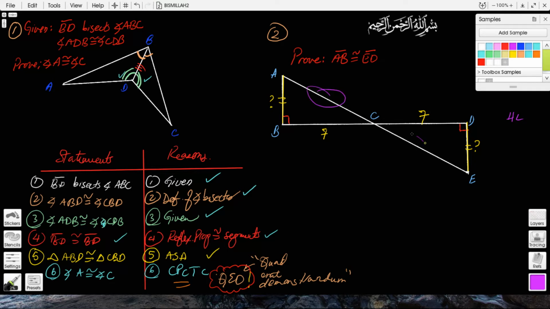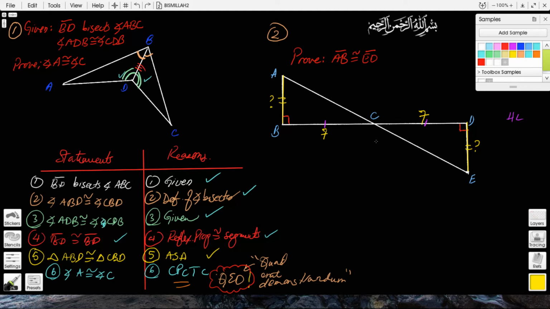This is the hypotenuse, but I'm not told that they're congruent. But I'm given that these legs are equal length. If they're equal length, that means they're congruent. That's the definition of congruence. So I got the leg part, but I don't have the hypotenuse.